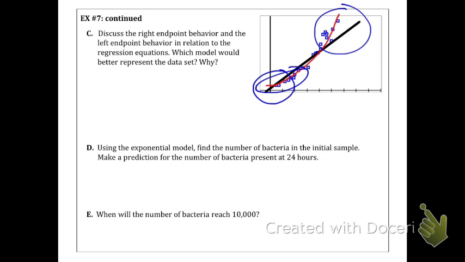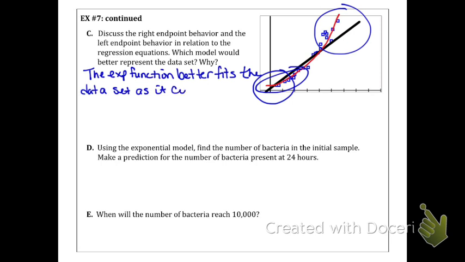So which model would better represent the data set? That's going to be our exponential function. So the exponential function better fits the data set, as it curves on the left and right hand side along with the data.